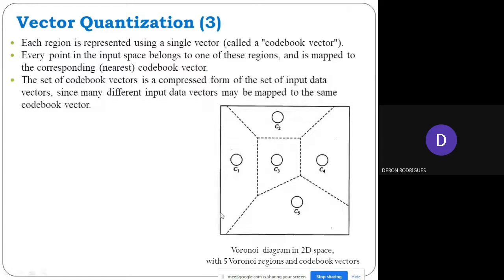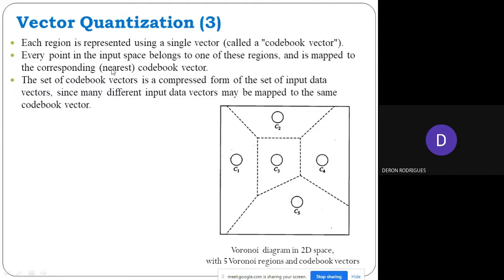So now see this. This is a Voronoi diagram in 2D space, and there are five Voronoi regions. This is the first one, then the second one, then the third one, fourth one, and the fifth one. And each of these regions is represented by a code word vector. So C1 is the code word vector of region 1, C2 is the code word vector of region 2, C3 is the code word vector of region 3, C4 is the code word vector of region 4, and so on and so forth.